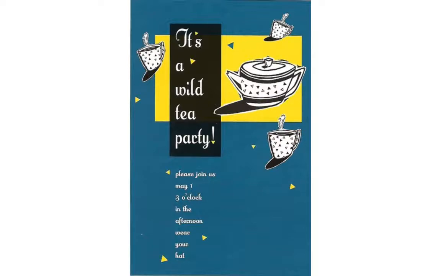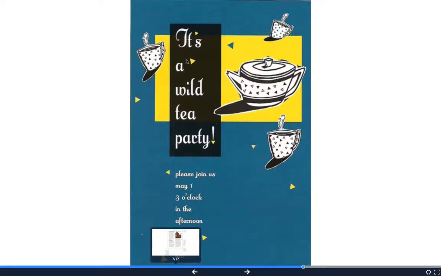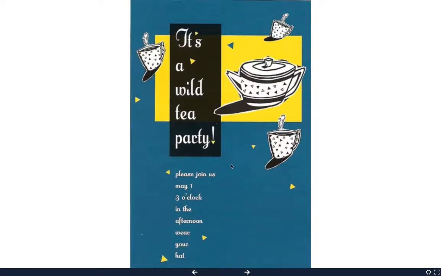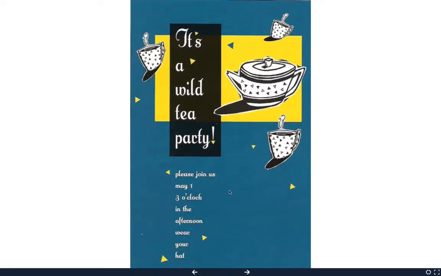All right, so let's take a look at a few things. Looks like we have left alignment here. Okay, we've got this block, and inside the block looks like left alignment here, but it's not alignment we're talking about here specifically. We're looking for repeated elements. And so the first thing that comes to my mind are these triangles that are sort of sprinkled about.